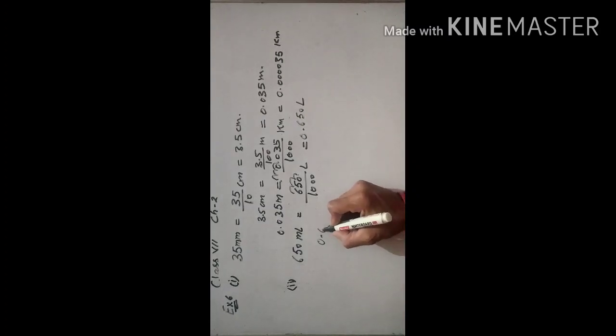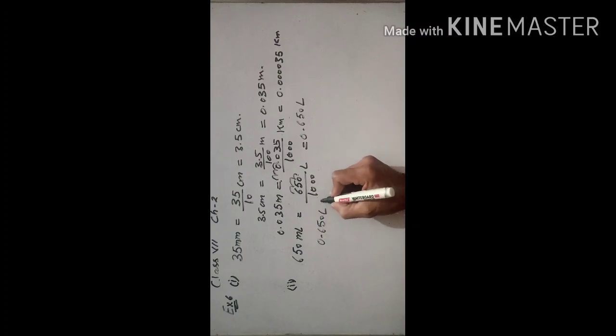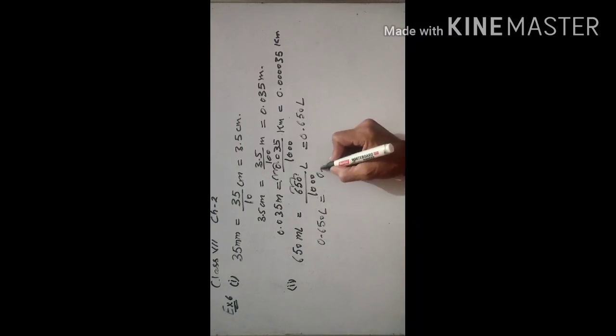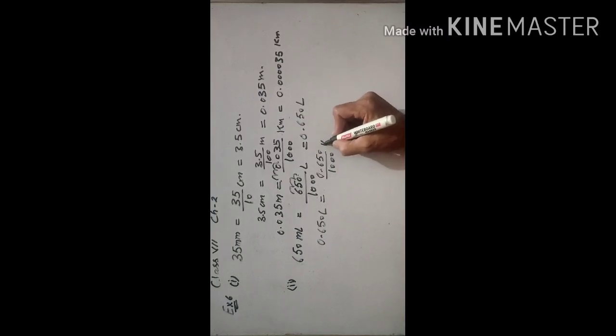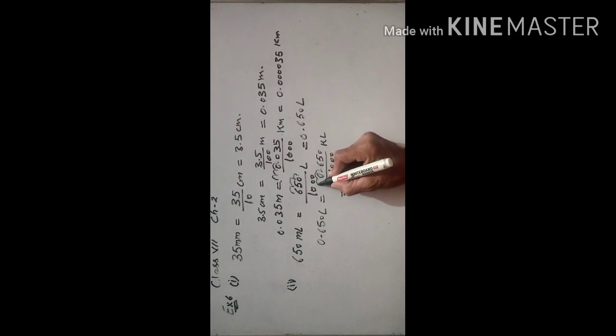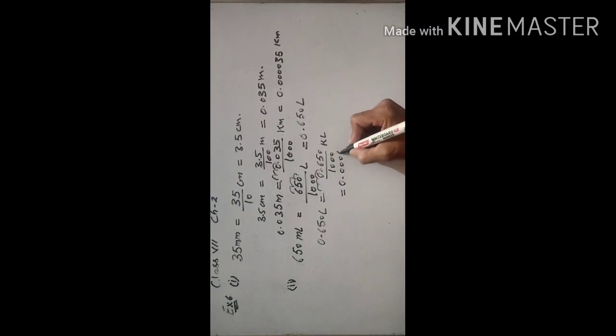Now 0.650 liter is equal to 0.650 upon 1000 kiloliter. The decimal moves 1, 2, 3, so 0.00065 kiloliter.